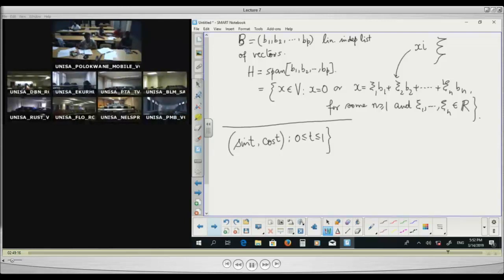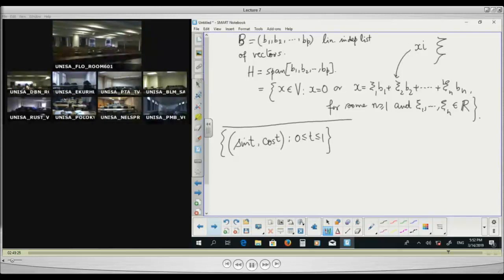So are sin t and cos t linearly independent or linearly dependent? The question of linearity doesn't arise. These are not linearly independent, these are not linearly dependent. If alpha times sin t plus beta times cos t is equal to 0.